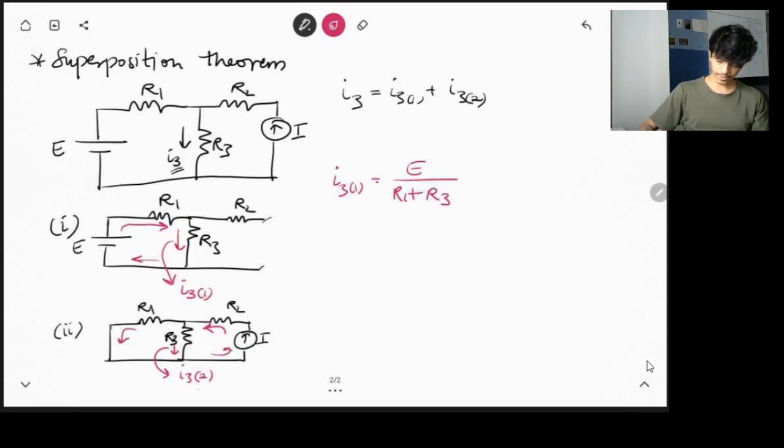And if you want to calculate I32, now this becomes a little complicated. So the current I, which is flowing through this circuit over here, it splits because of these two resistances R1 and R3. So I32 is just going to be this I, and then because this gets divided, R3 divided by R1 plus R3.